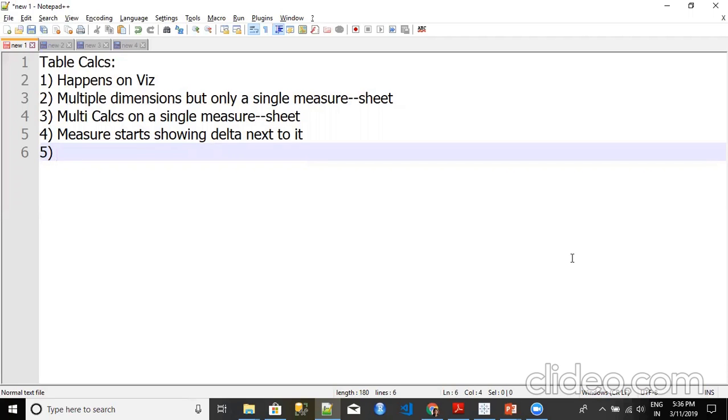You can just drag your dimensions and measures on the sheet, decide what type of table calculation you are going for, or what is the calculation that you are looking for, and then you can go ahead and add your table calculation.